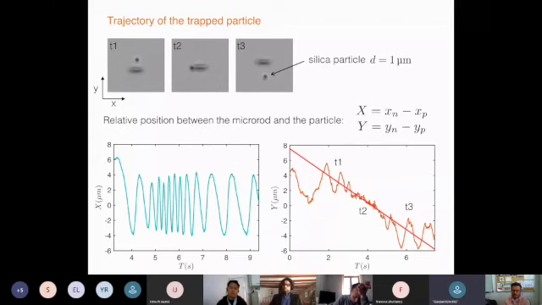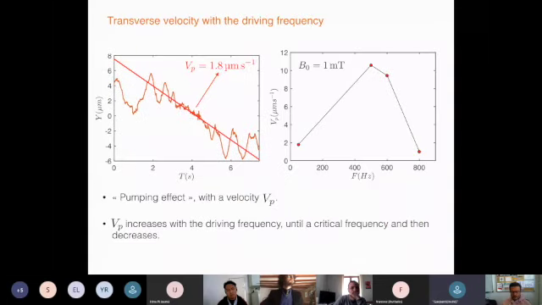has a net motion in that direction, and so starts from one side of the microrod and ends at the opposite side. And one can compute a drift or a transverse velocity that we call a pumping velocity. And this pumping velocity actually depends on the frequency at which the nanorod is driven.